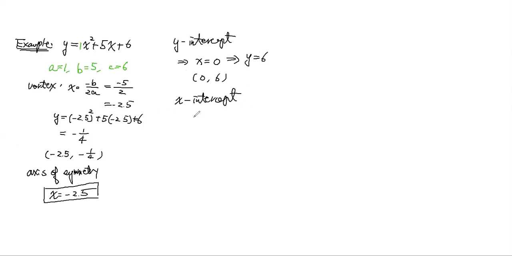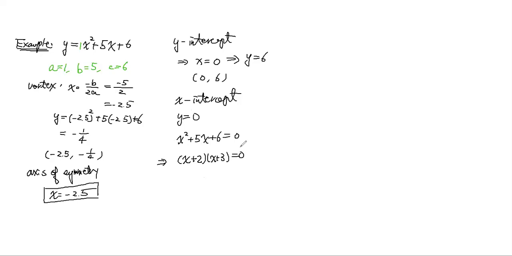Now, the x-intercept. After you find this, you will know how easy it is to graph. So the x-intercept is where y equals 0. That means x squared plus 5x plus 6 equals 0, right? In order to find it, let's do the factoring. We need to use factoring to solve it. So x squared plus 5x plus 6 is (x plus 2) times (x plus 3) equal to 0.